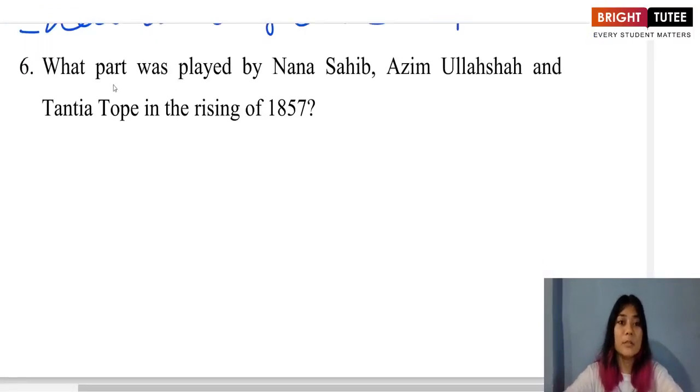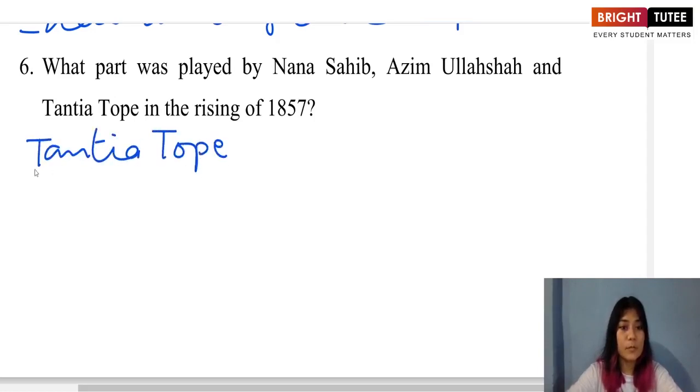The next question. What part was played by Nana Sahib, Azim Ullah Shah and Tantia Tope in the Rising of 1857? Tantia Tope first.